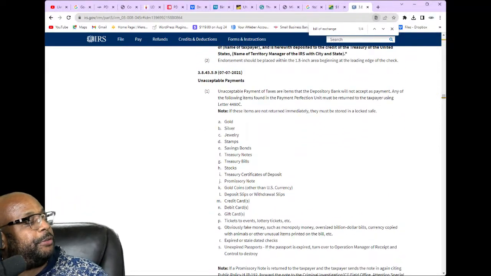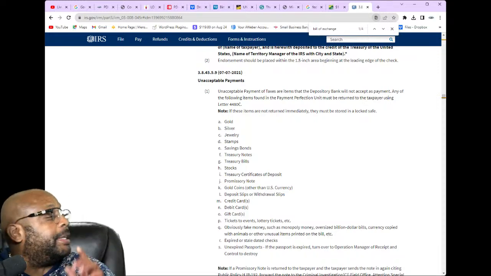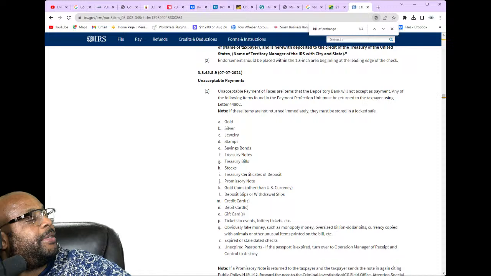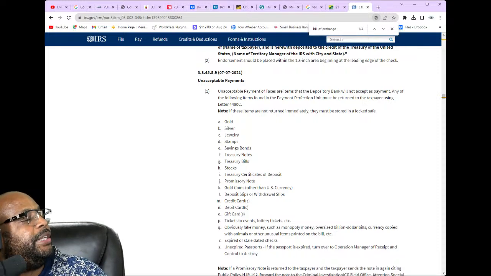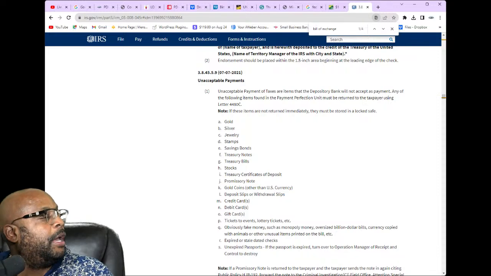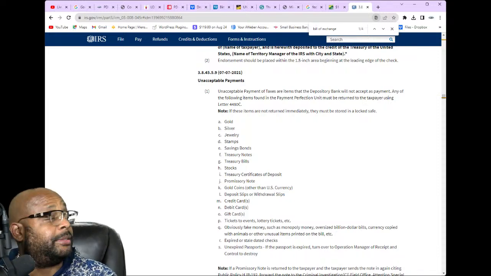This is really interesting. This is the IRS employee manual. It says unacceptable payments of taxes are items that the depository bank will not accept as payment. Any of the following items found in the payment perfection unit must be returned to the taxpayer using letter 4480C. If these items are not returned immediately, they must be stored in a locked safe. Okay, so these are things that the IRS will not take as payment for your taxes.